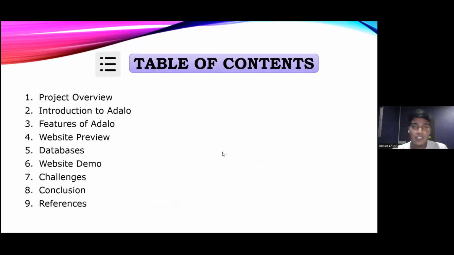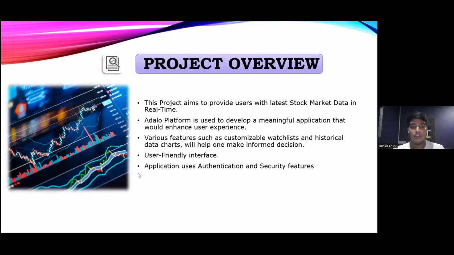Now, continuing with the presentation, in the table of contents, we have the project overview, introduction to Adalo, features of Adalo, the website preview, the databases used in the website demo, the challenges, conclusion, and then references. Now, first of all, we'll give a brief project overview of what our website is about.